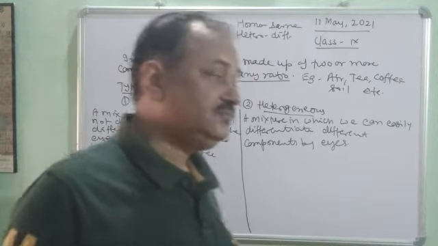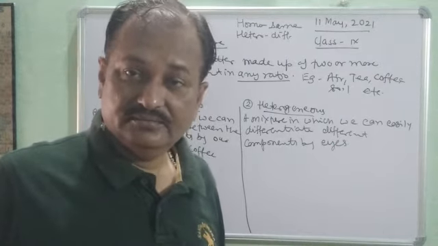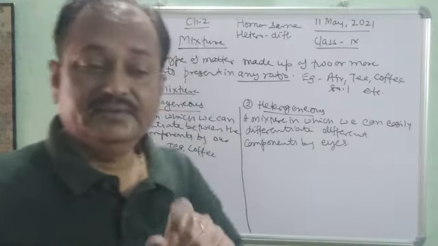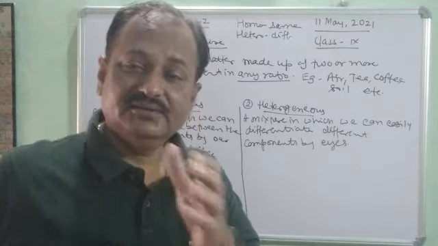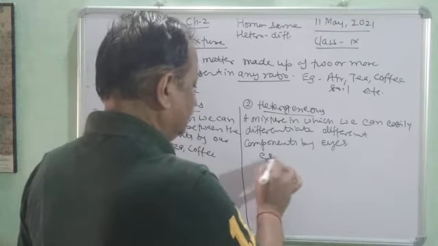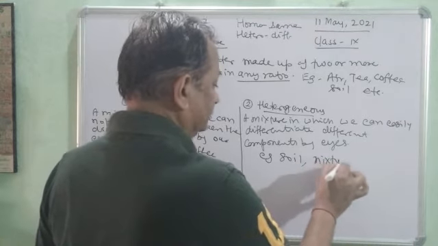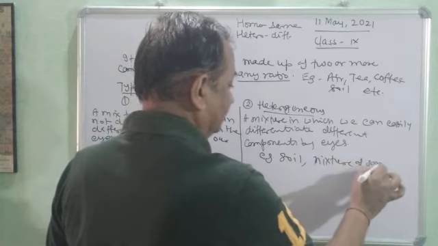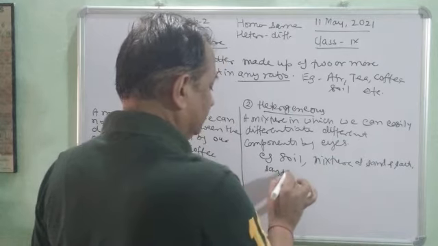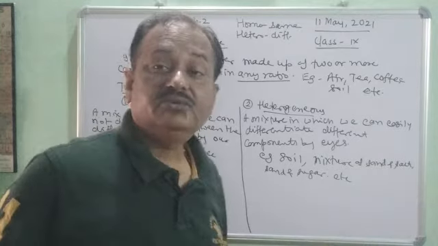Like we have a mixture, say soil. We cannot judge soil completely, but we are able to say that this is a pebble, this is sand, this is gravel. Soil has different compositions, so we can see. So examples: soil, a mixture of sand and salt, a mixture of sand and sugar, etc. They are heterogeneous mixtures.